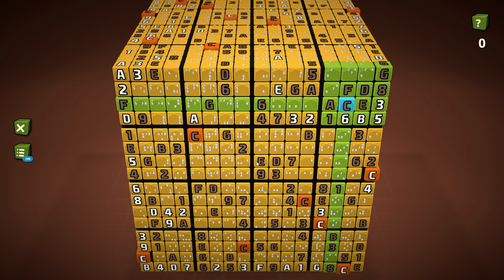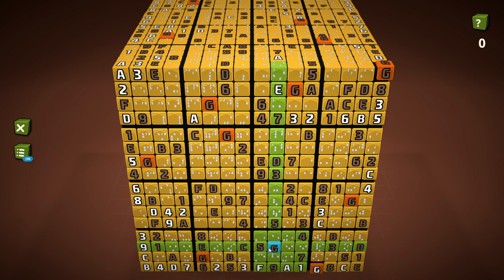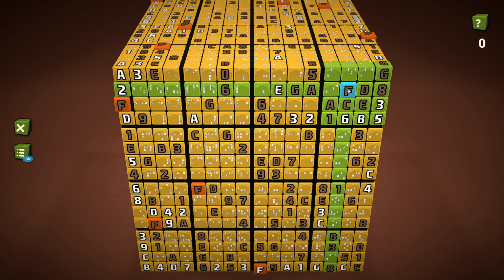C and D and E. See the G. Struggling to find an F. So why can this not be an F? I don't see why this cannot be an F.